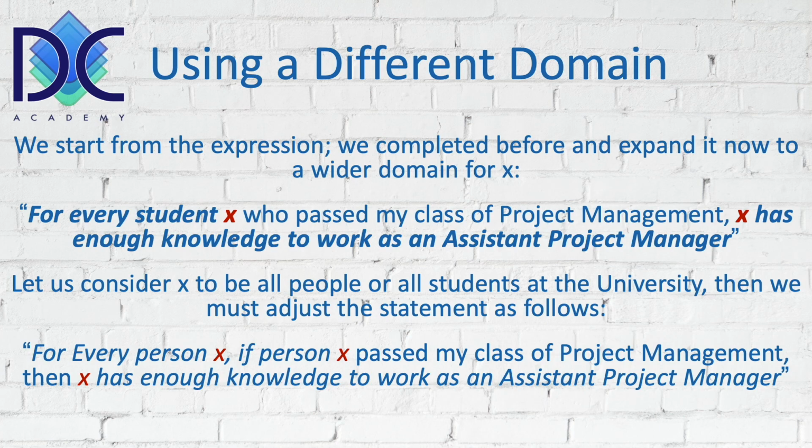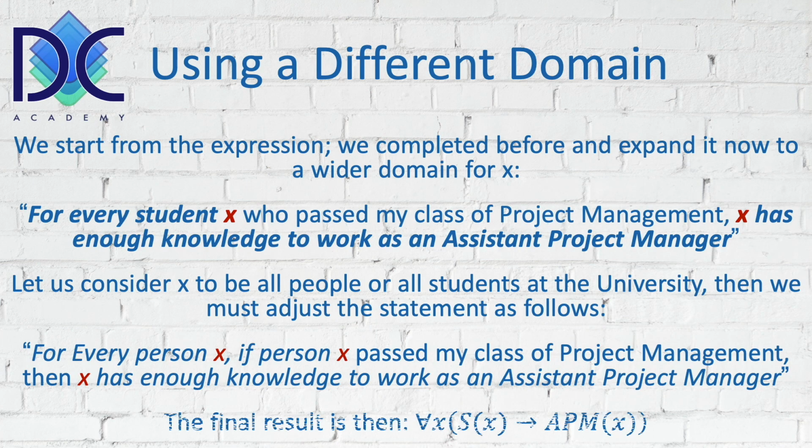X is not just the number of students anymore, but it can be any person. And basically we say that if that person passed my class, then that person has enough knowledge to work as an assistant project manager. Here we have to add an implication.